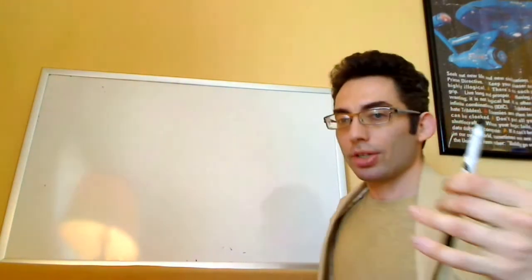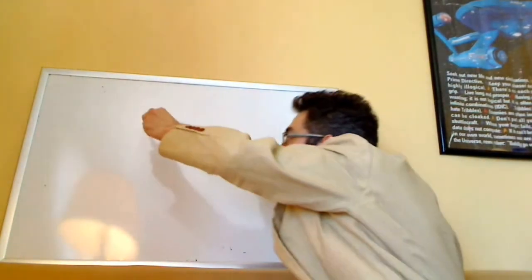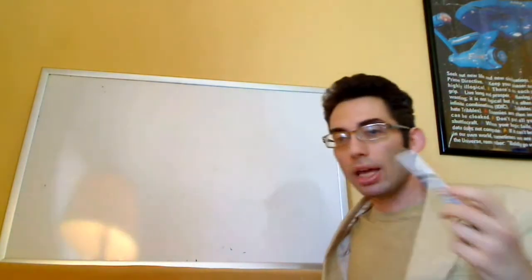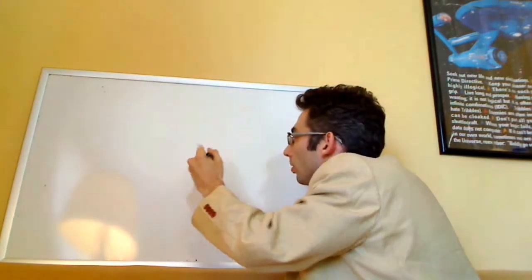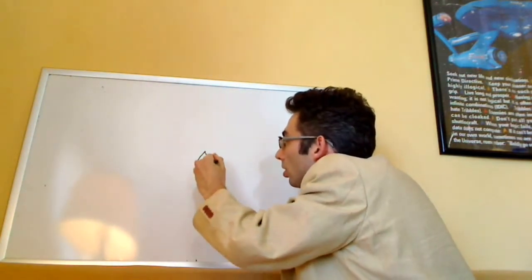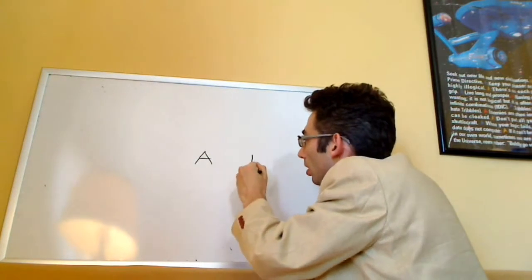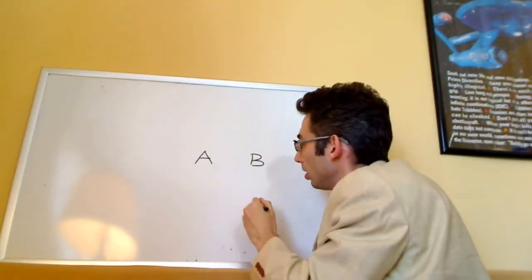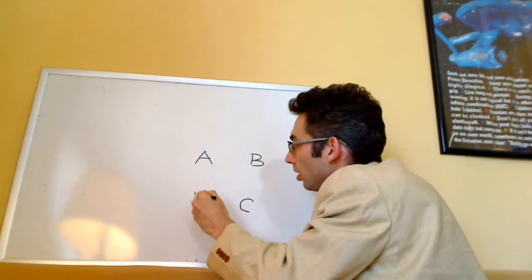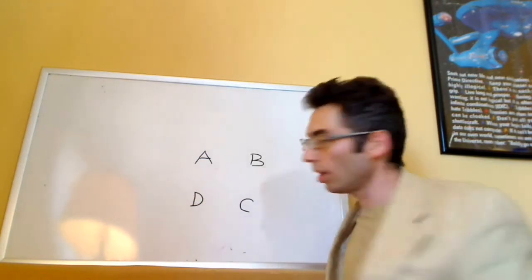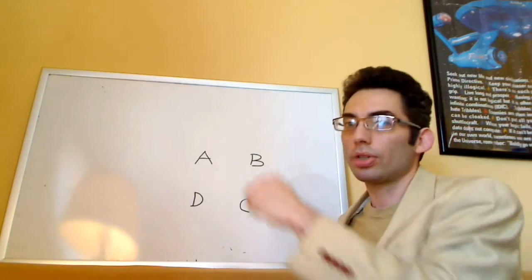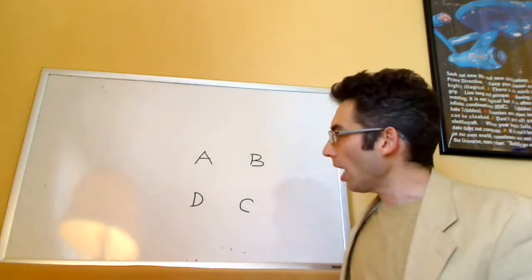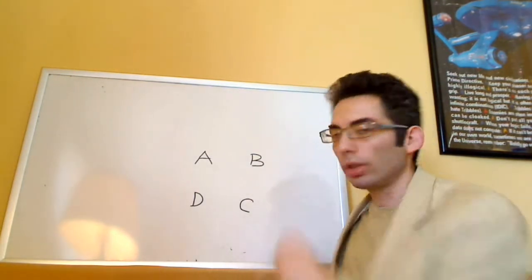Let's make a square diagram, and let's label the corners A, B, C, D, going in clockwise direction. And there will be numbers in these corners, A, B, C, D. And these numbers are all related to each other.